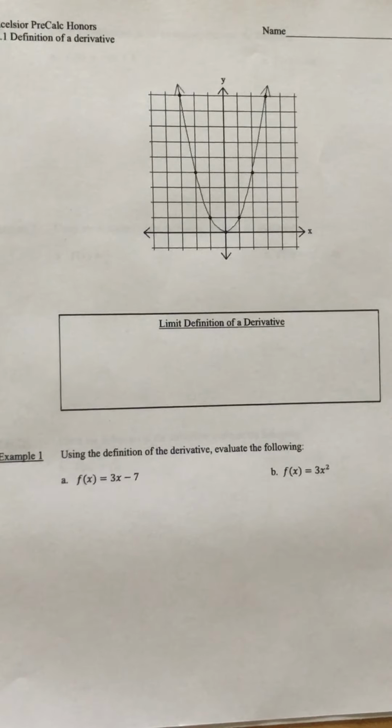Again, remember, that's still over h, but I'm just going to be a little lazy. So 2x squared plus 4hx plus 2h squared minus 2x squared all over h.